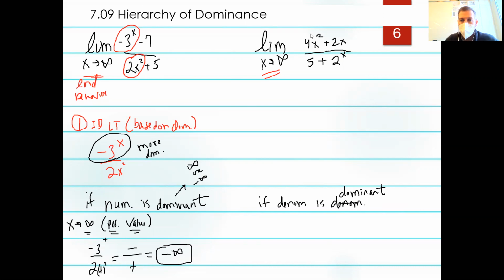Okay, now let's talk about if the denominator is dominant. We have a dominant denominator here, right? 4x squared over 2 to the x. This one is dominant. If the denominator is dominant, then we have a horizontal asymptote at y equals 0.